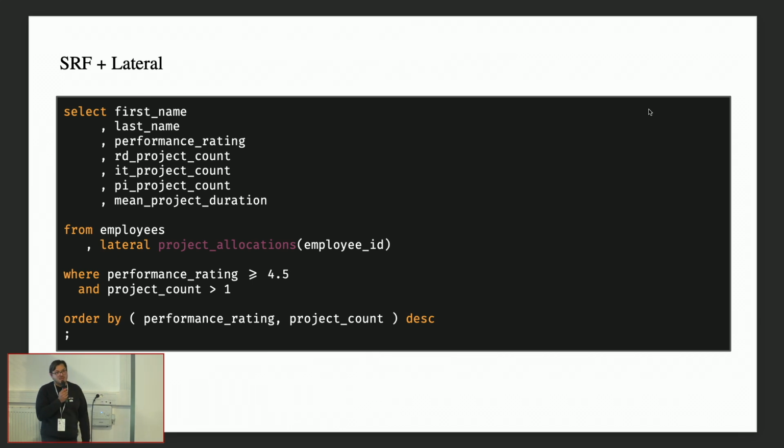But what I wanted to explain is that you have many tools to compose, and to compose in a very beautiful way, because this is quite concise. The only hard thing is the lateral term. If you know what lateral means, taking things aside and fetching them back, it's totally what we intend to do: take this employee and fetch its project statistics. So you have many tools to compose in SQL.